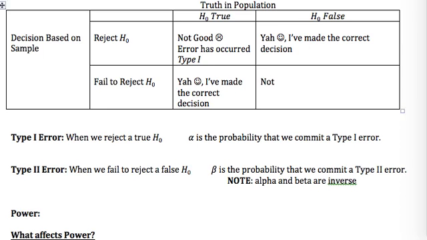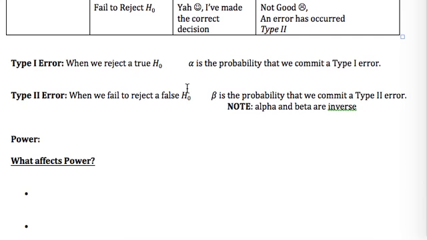This is not good. An error has occurred. This is obviously a type 2 error. Okay? So I think that kind of makes it clear that there's actually 4 things that could happen. Of course, you don't want an error to happen, and most of the time an error doesn't happen, but they can happen. So we'll talk about another scenario and some consequences here in a moment.